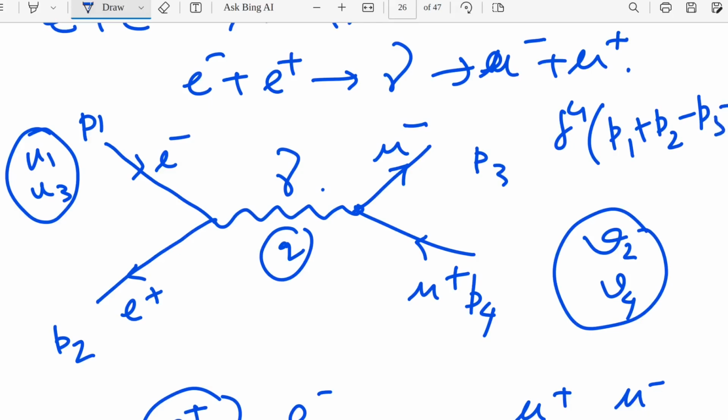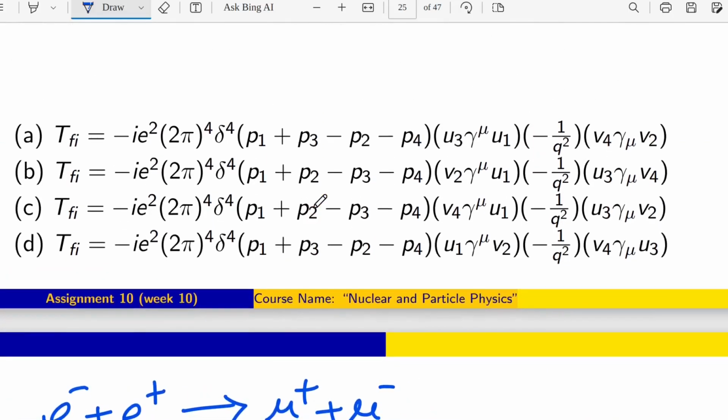Otherwise momentum will not be conserved, it will be violated, and this was explained explicitly in the previous class also. So delta 4 will be nothing but p1 + p2 − p3 − p4.